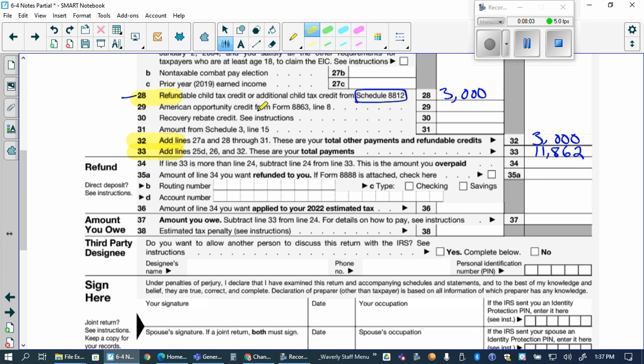Well, specifically because line 33 is more than 24, right? Yep, so we're going to use that one. If it was the other way around, we skip down to 37. So subtract 24 from 33. What do we got? 26.99.